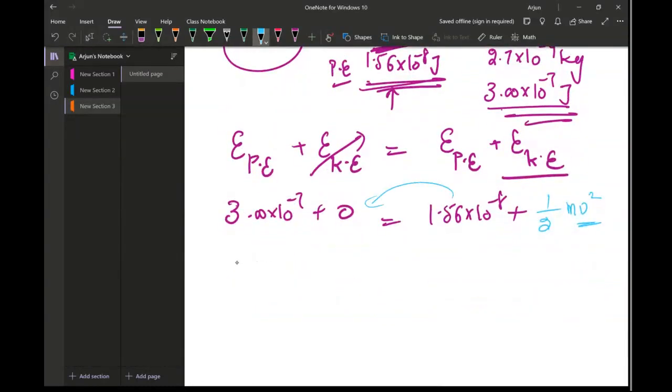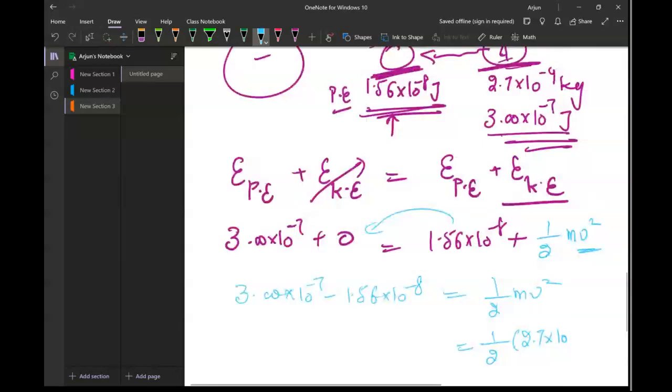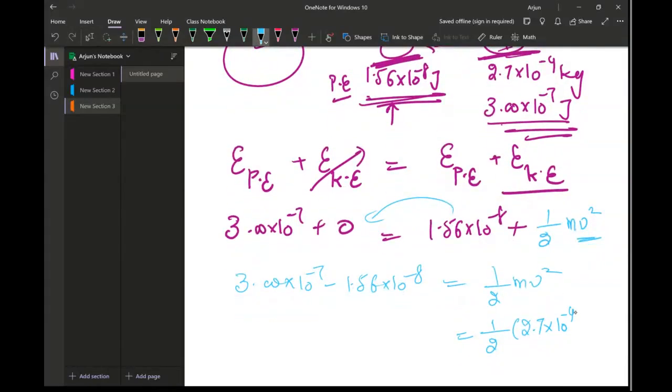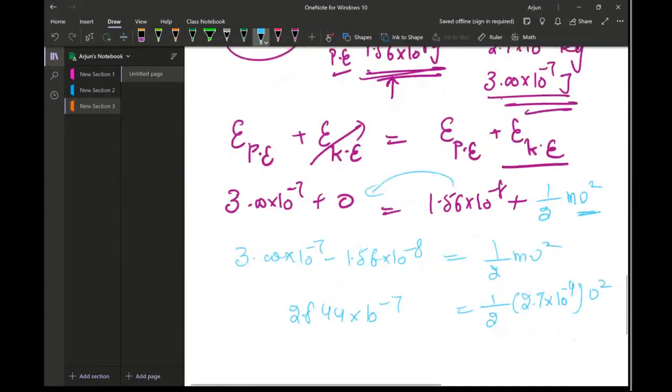So this is going to go on the other side: 3.00 times 10 to the negative 7 minus 1.56 times 10 to the negative 8 equals half m v squared. And then I'm going to plug in the values of mass and figure out the velocity. This is going to come across as 2.844 times 10 to the negative 7.